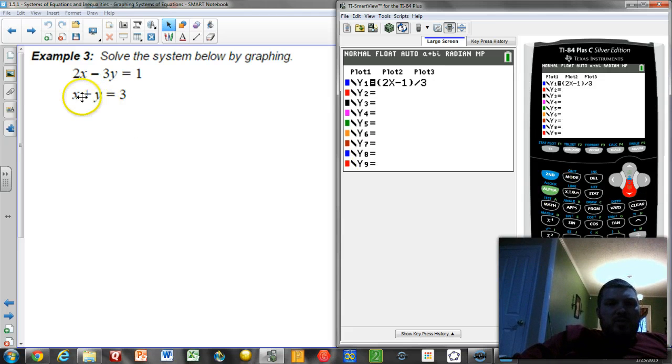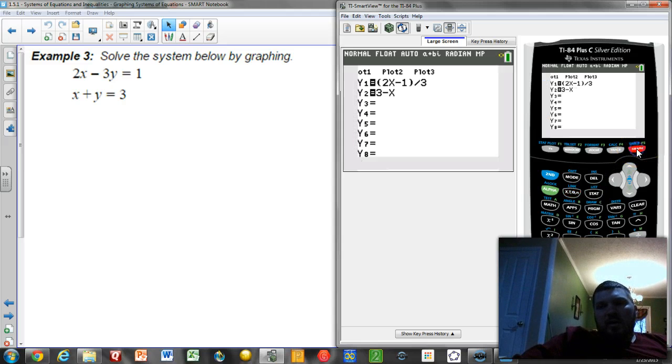And then our bottom equation, once you get y by itself, is just going to be y equals 3 minus x. Once you have both equations entered into your calculator, again, the only way you can put it in your calculator is if y is by itself. So if you need to pause and do that scratch work, please do that. But once you have that entered in your calculator, just go ahead and hit graph.